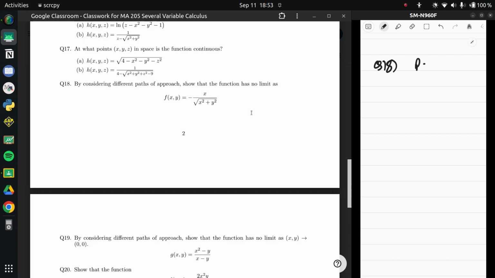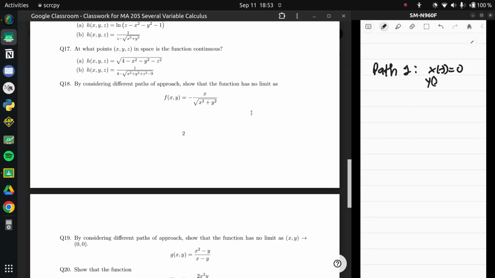So path 1 is that your x of t is equal to 0 and your y of t is equal to t. So as t tends to 0, your x, y is tending to 0, and your f of x of t, y of t will just be 0, obviously.